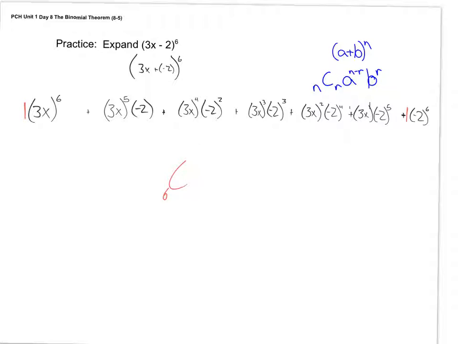Alright? So in this case, if we do 6 choose 1, let me ask you something. How many different ways can you pick one thing out of 6? 6. Alright? You can either pick that one, or that one, or that one, or that one, or that one, or that one. Okay? So what does 6 choose 1 equal? 6. Alright? So there's our coefficient.